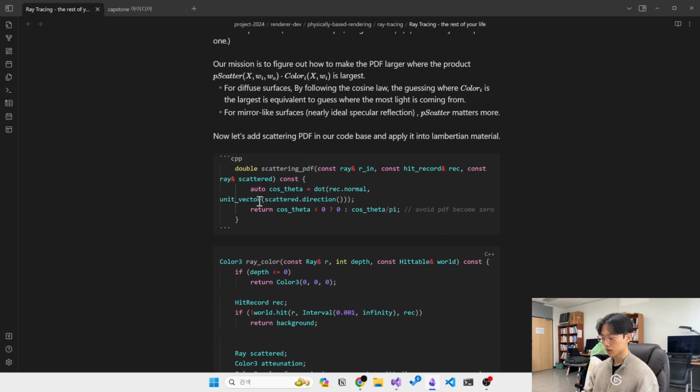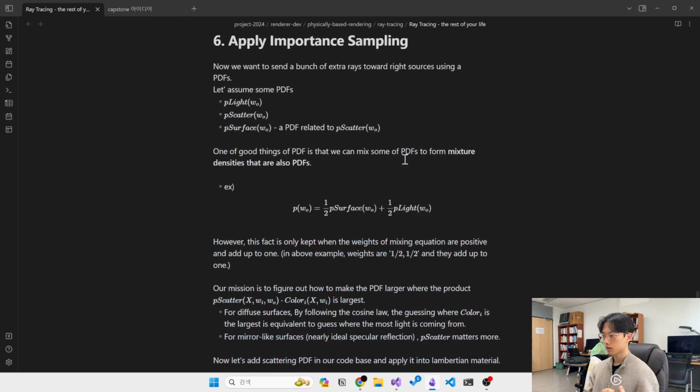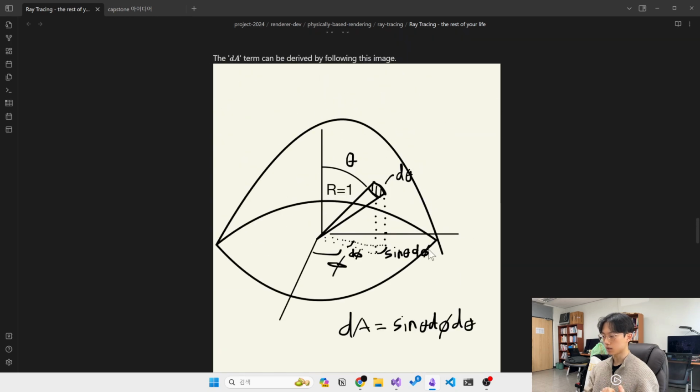And as you can see, with the scatter direction as a unit vector, we take the dot product with the normal on the surface. And this is equal to cosine theta. If the cosine theta is less than zero, we clamp to zero. If not, we use cosine theta over pi, exactly the same as this derivation.